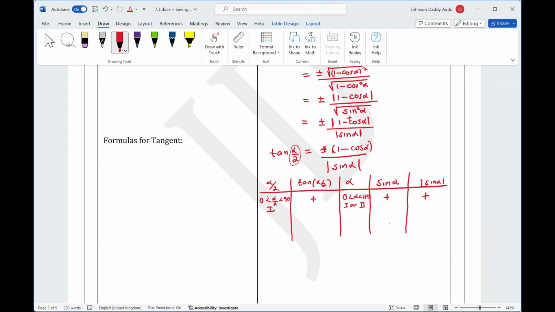So it means that for the sign of tan alpha over 2 to be positive, the absolute value of sine alpha is also positive. So we're just going to have the same sign. Both the numerator and denominator will be positive, both positive, right? But let's see the other cases, when you are between, let's say, 90 and 180.